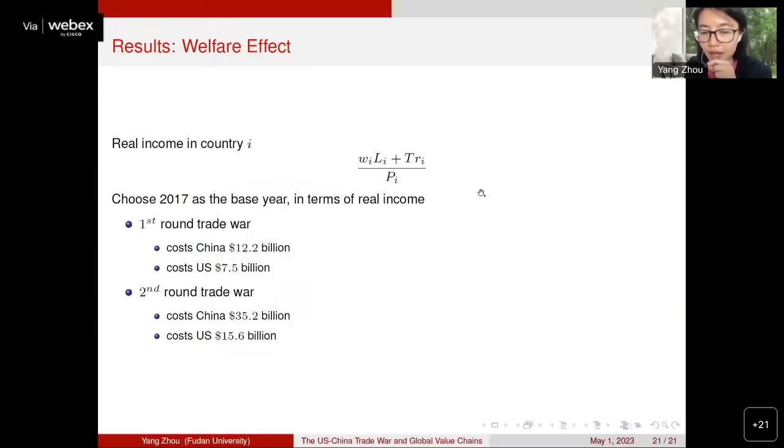But I think even if we consider trade imbalance in this model, it won't change the conclusion here too much.